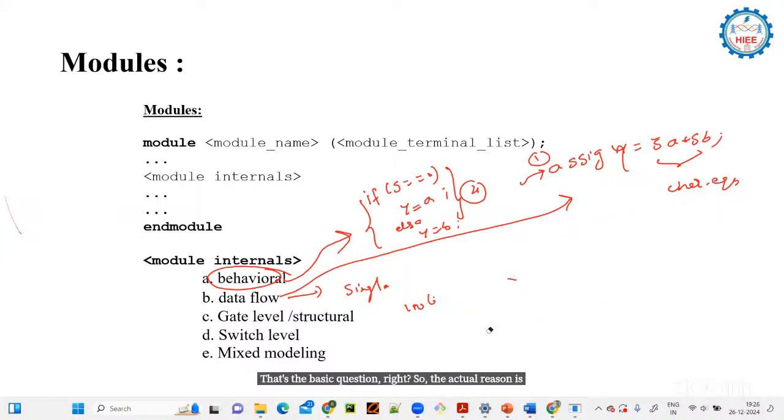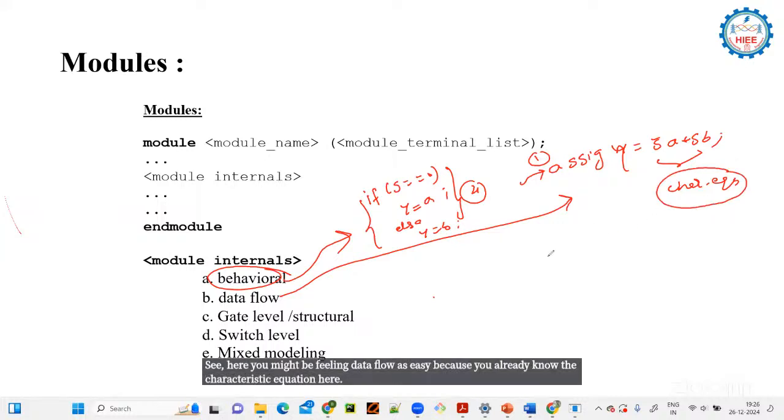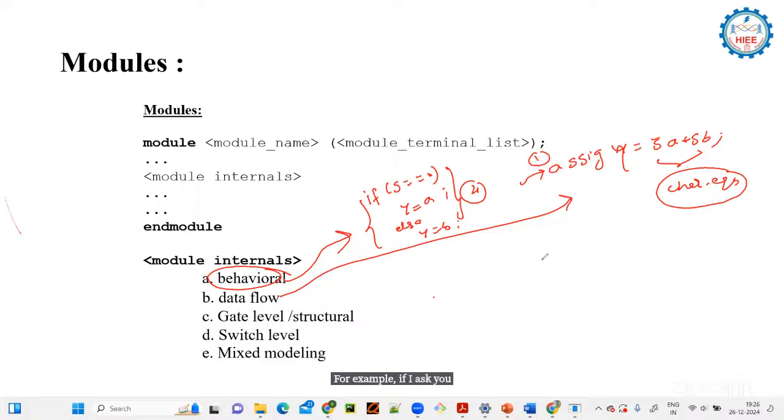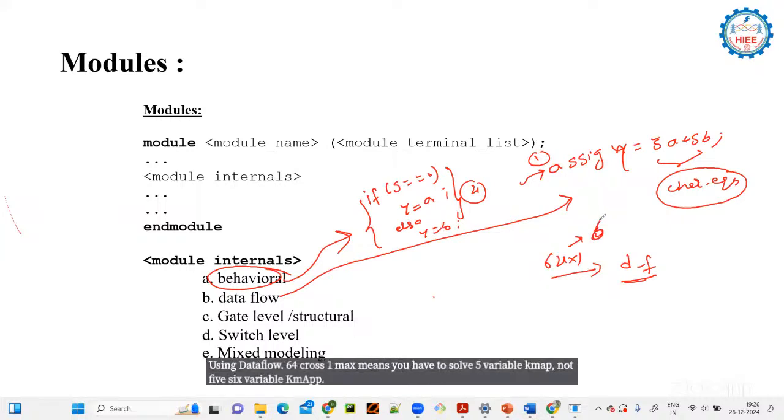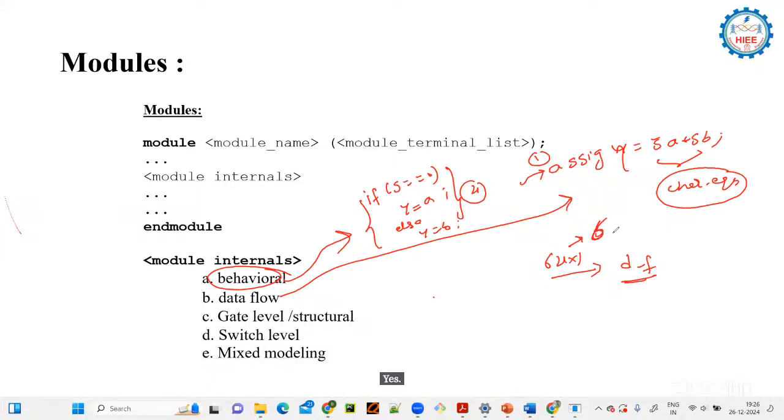you might feel data flow is easy because you already know the characteristic equation here. For example, if I ask you to write code for a 64 cross 1 mux using data flow, you have to solve a 6 variable k-map to form the characteristic equation.